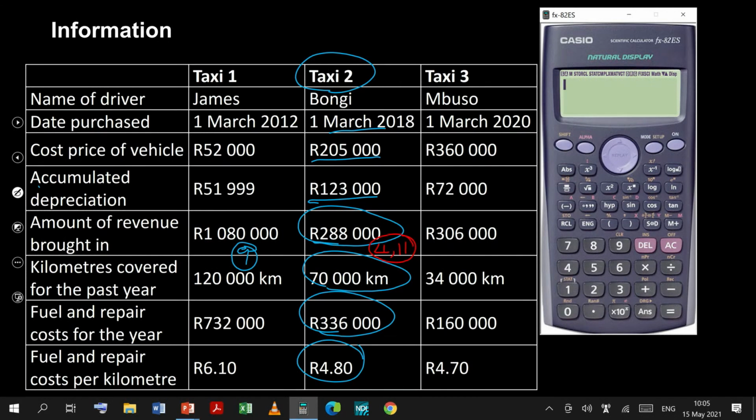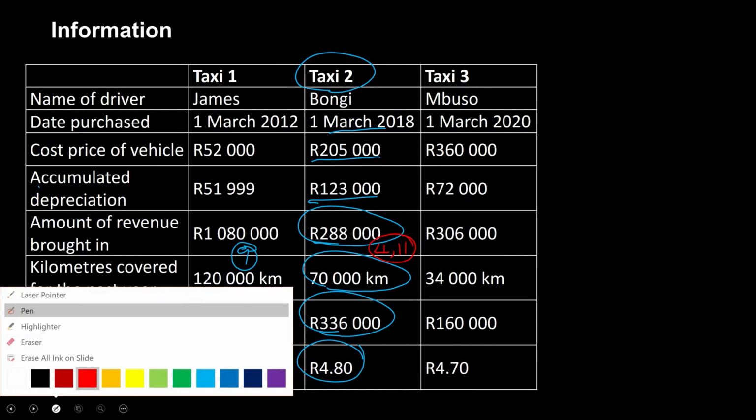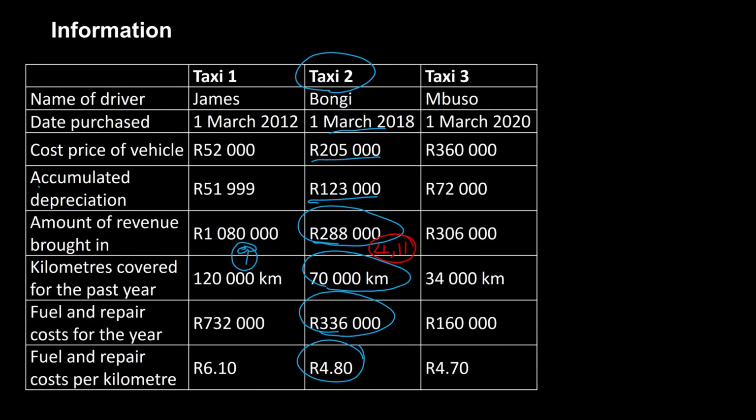Taxi 3 has a revenue of 306,000 in total, divided by 34,000 kilometers that we've covered to give me a revenue again of 9 Rand. Clearly a discrepancy, right? Taxi 1 and taxi 3, both of them have a revenue per kilometer of 9 Rand, whereas taxi 2 has a revenue per kilometer of 4 Rand and 11 cents.